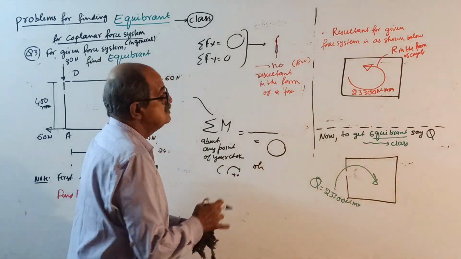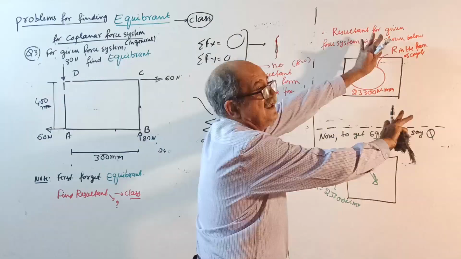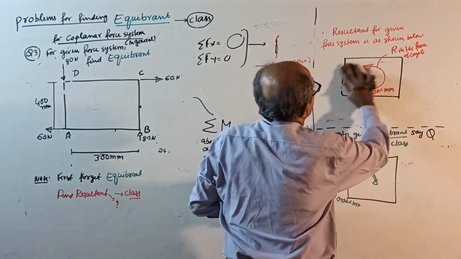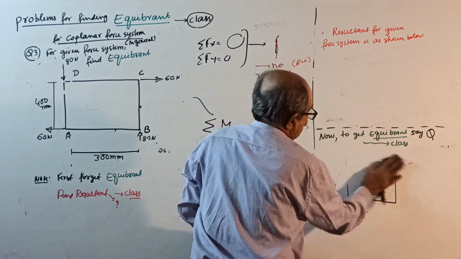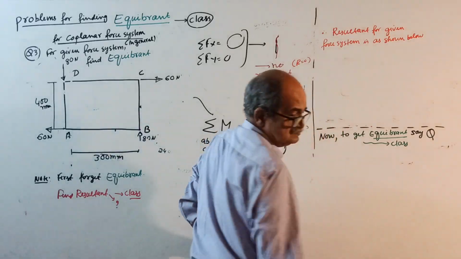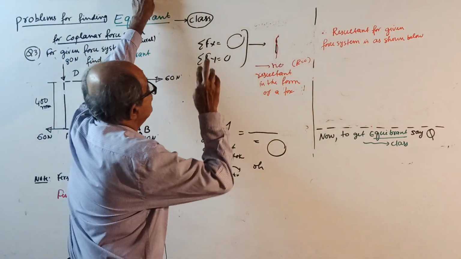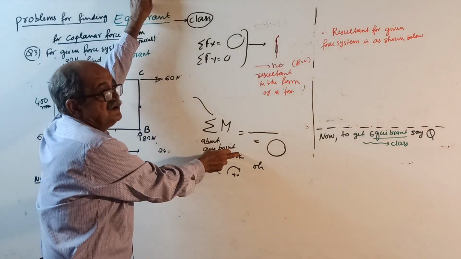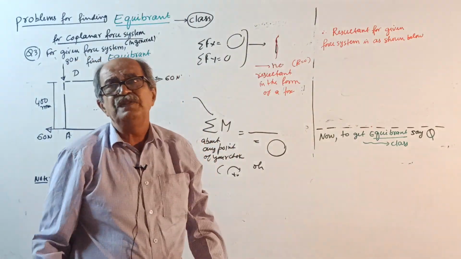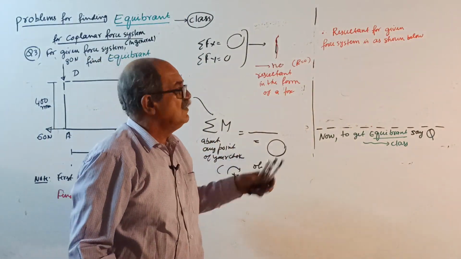Don't see that side. This is not applicable because there is no resultant here. This is for the next question. Therefore, here resultant force 0, resultant couple 0. Therefore, there is no resultant for the given force system.